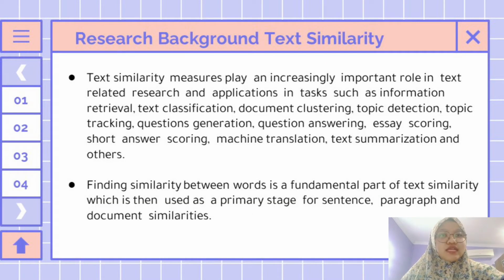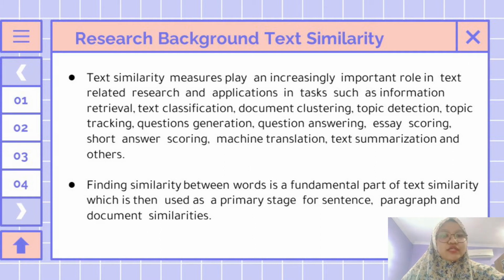Related background: text similarity. Text similarity measures play an increasingly important role in text-related research and applications in tasks such as information retrieval, text classification, document clustering, topic detection, topic tracking, question generation, question answering, essay scoring, short answer scoring, machine translation, text summarization, and others.